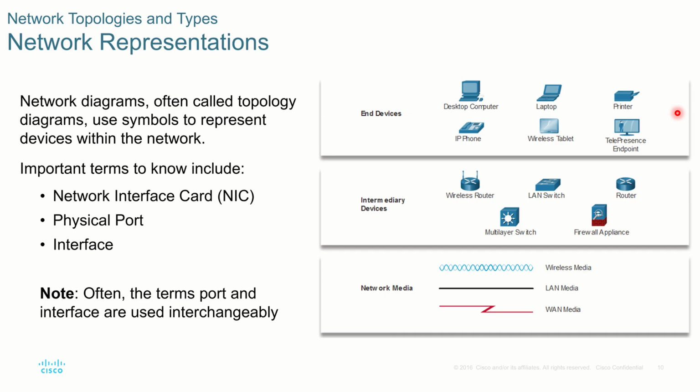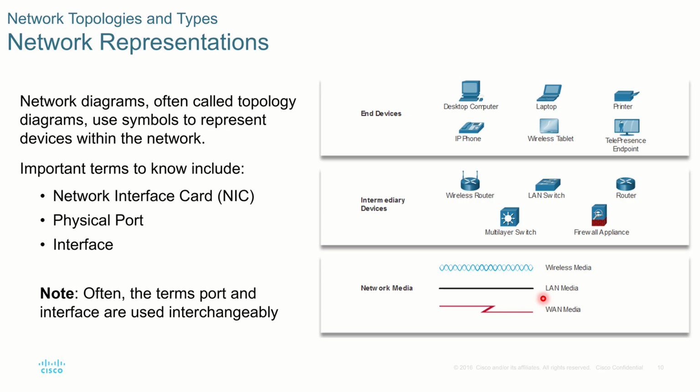And then on the intermediate devices, we have the switches, of which there are two types here, routers, and also the wired router and wireless router, and the firewall appliances. And next we have network media, which is wired and wireless media communication.